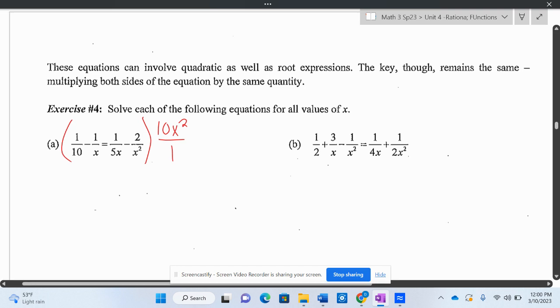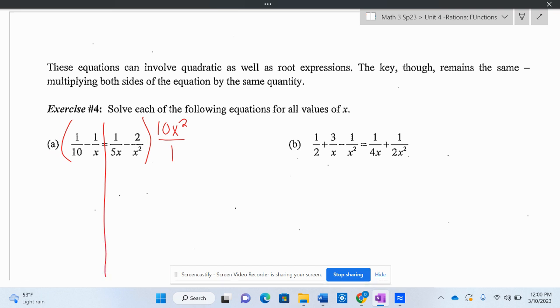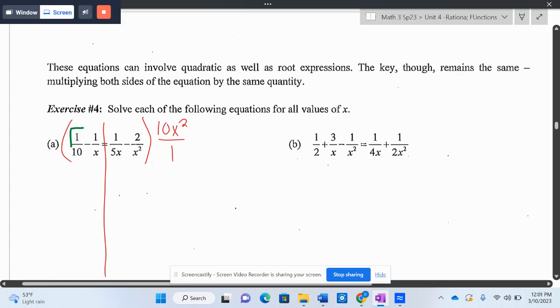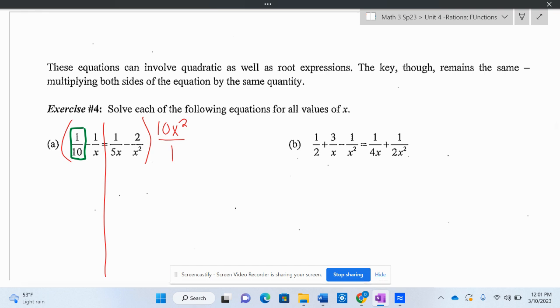I'm honestly not going to show you 10x squared over 1 times 1/10 minus 10x squared over 1 times 1 over x. We're just going to try and talk through it. So 1/10 times 10x squared. What can I cancel out of the denominator and the numerator? The 10 out of the denominator, and what goes away out of the numerator? What else? Okay, maybe I will write it out.